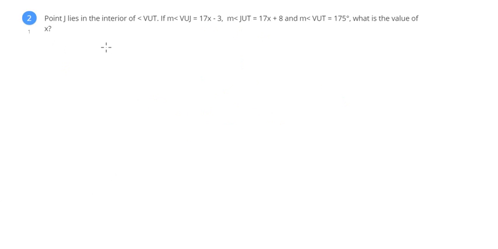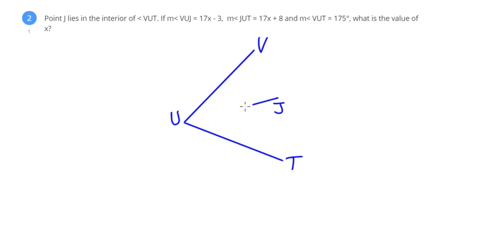Number 2: point J lies in the interior of angle VUT, so J is somewhere in here. Then we draw ourselves a little line there.